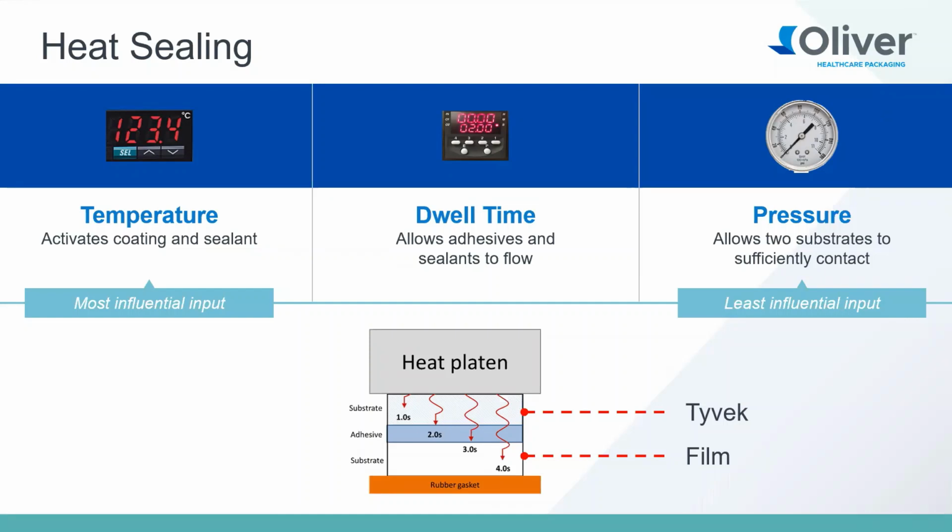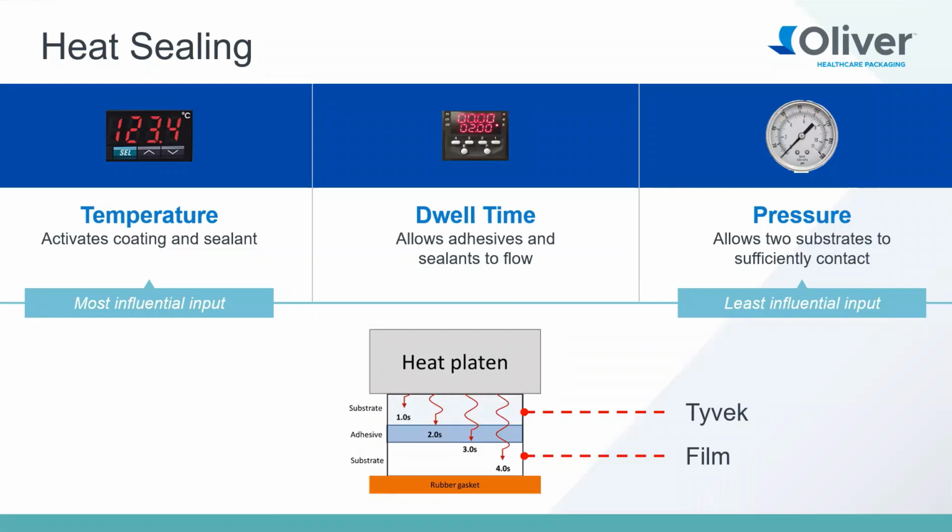So you have three primary inputs into a heat sealing process. So temperature, which is pretty obvious. That's the temperature needed to activate the coatings and get the sealants to work. Dwell time, so that's the amount of time that your heat source is in contact. And then pressure is the amount of force applied to the materials to get them to marry up or contact each other.